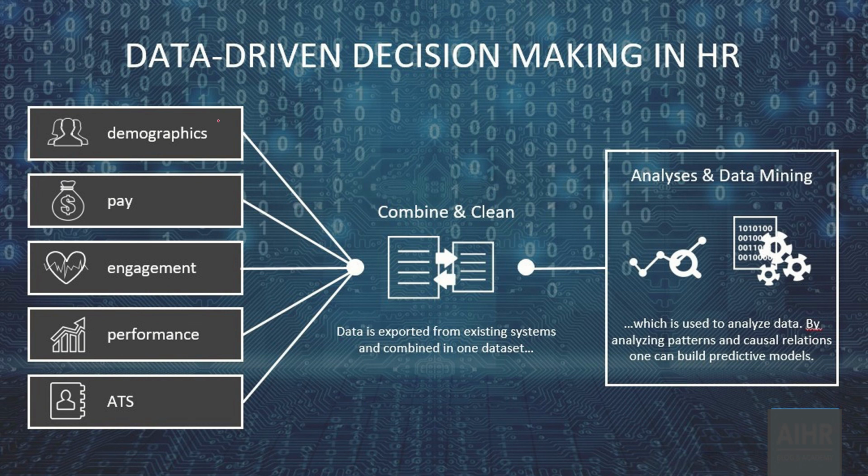These data were available in the human resource information system, such as demographic data like gender, religion, and age, and also pay scales or total gross pay, levels of engagement, performance data, and attrition. But they were not able to combine them and get the combined effect of all these things, such as the impact of engagement on certain outcomes. In a combined way, these data were not being used.